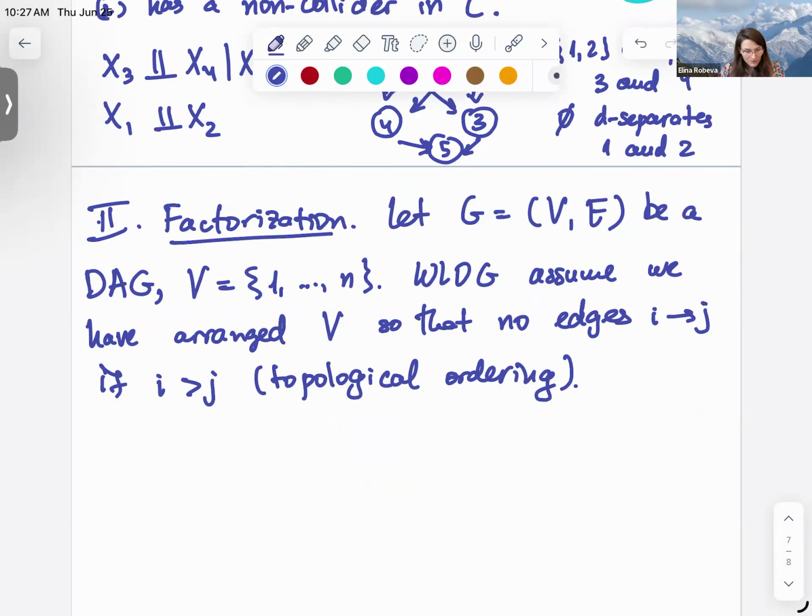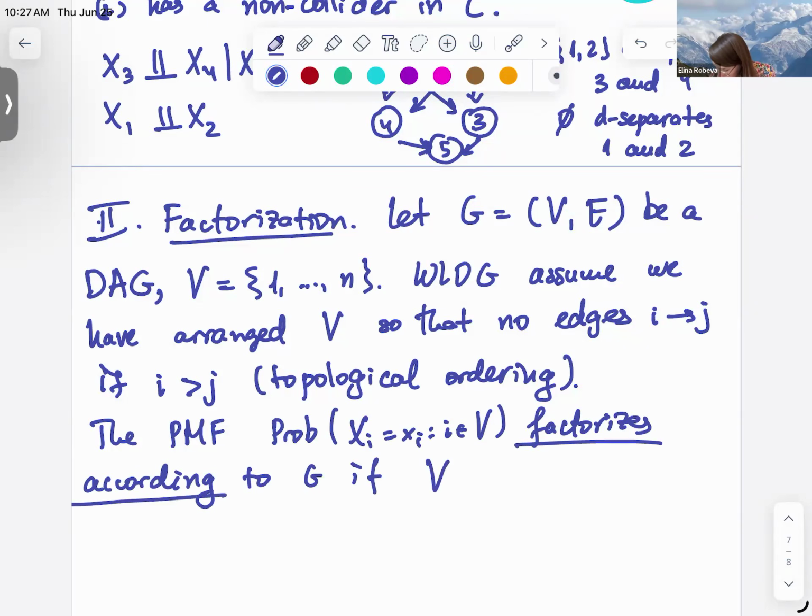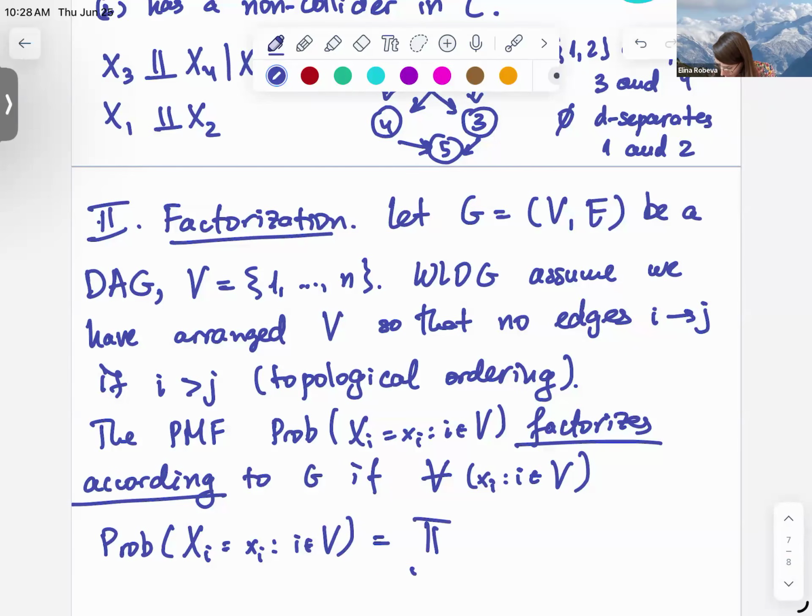Okay, so then this probability mass function, PMF, P(X = x), factorizes according to this graph G if for all possible assignments of values to the vertices, the probability that X equals little x is the product over i from 1 to n.